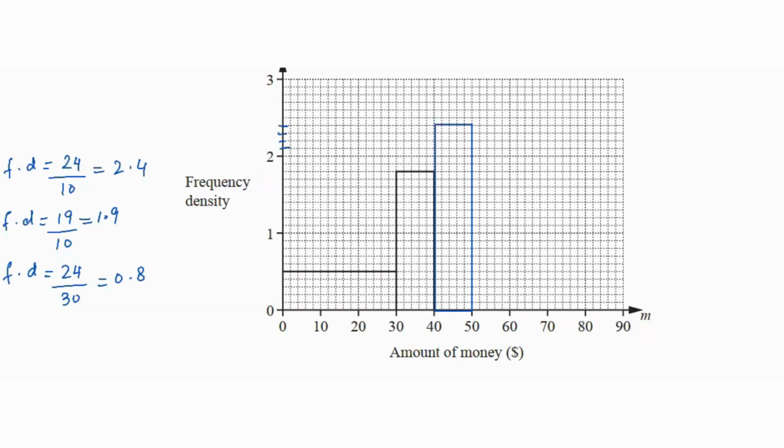Next is 1.9. So 1.9 is going to come over here. So 50 to 60 is this. And lastly, 0.8. So that is all of this. I'm going to remove this. So this is your complete histogram.